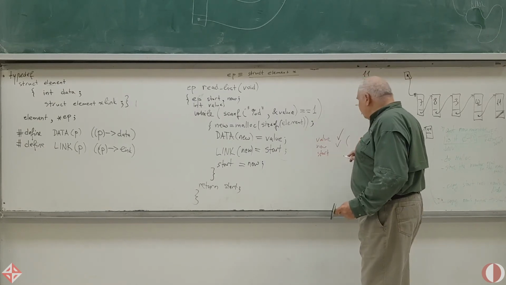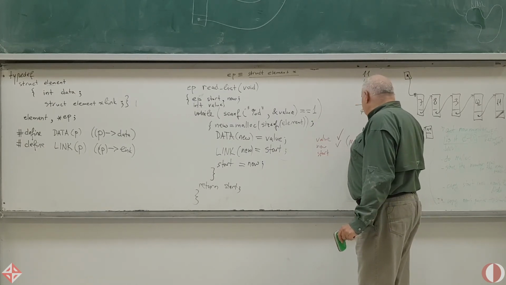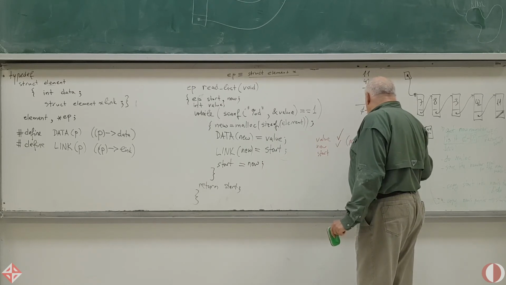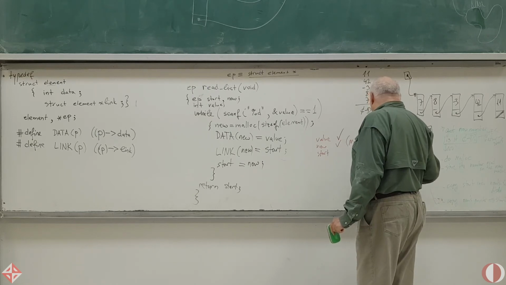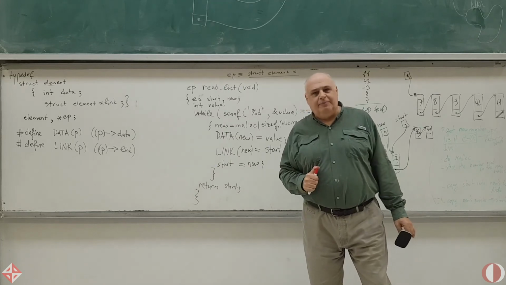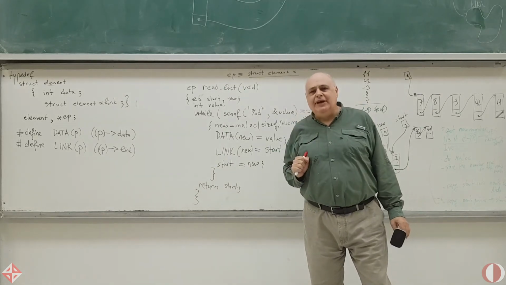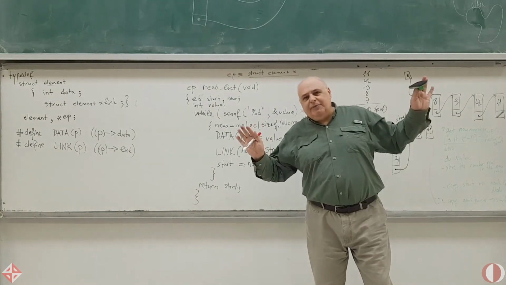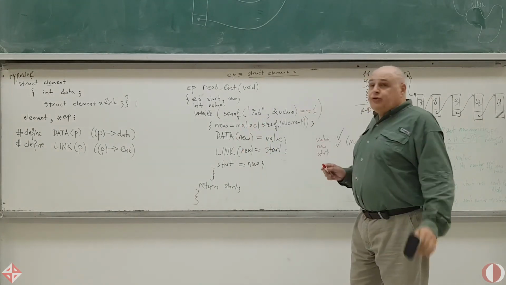So I make a note over here, provided that malloc works. If it doesn't work, what will happen? Malloc will return to me null, telling me, sorry, I don't have memory.